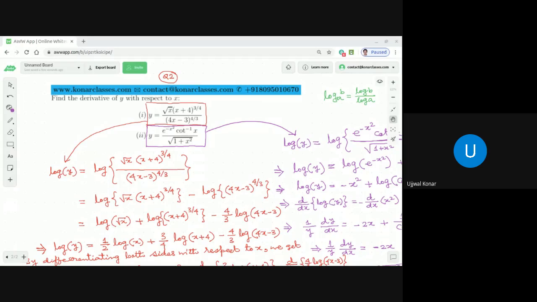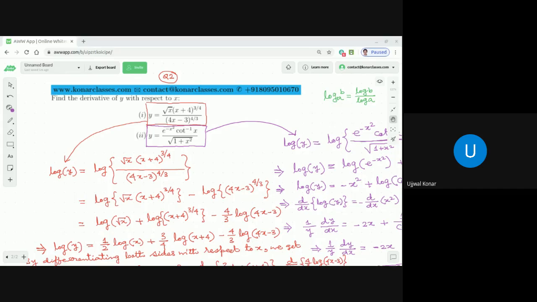Okay, dear students, so I want to first discuss the differentiation of a parametric function. Okay, or derivative of, first we'll discuss the derivative of implicit function.